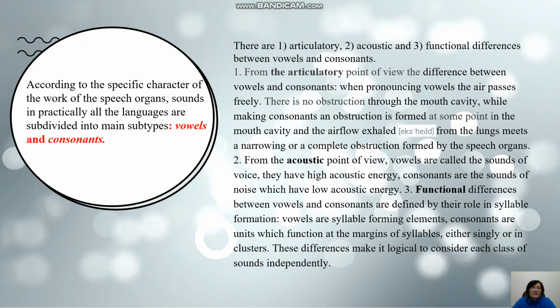Vowels are syllable-forming elements. Consonants are units which function at the margin of syllables, either singly or in clusters. These differences make it logical to consider each class of sounds independently.